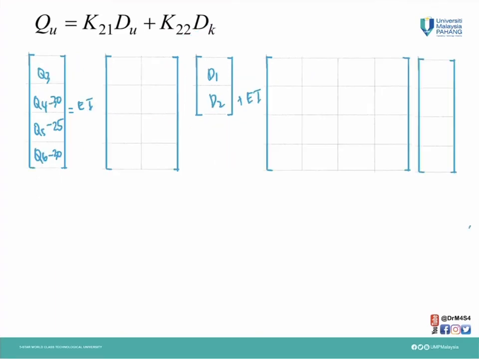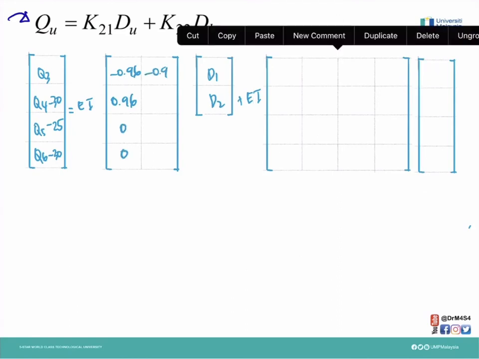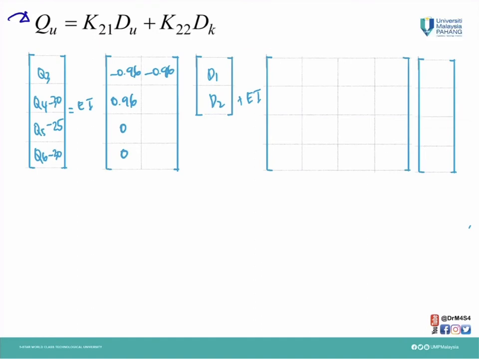Now for the second equation, we're going to find Q unknown, which is forces or moment. So from the main matrix, K21 is negative 0.96, 0.96, 0, 0, negative 0.96, 0.72, 0.4, 0.24.